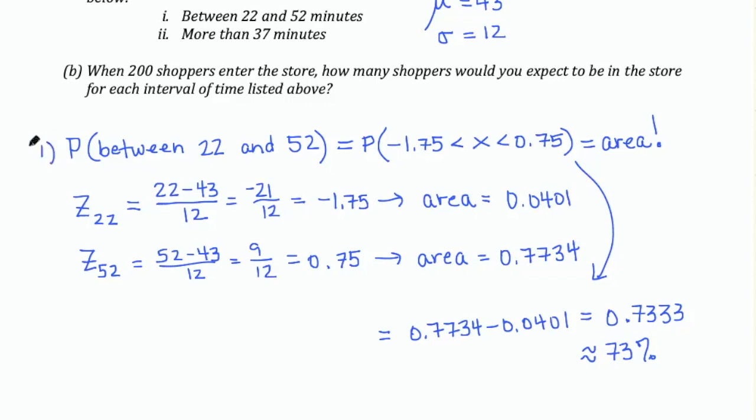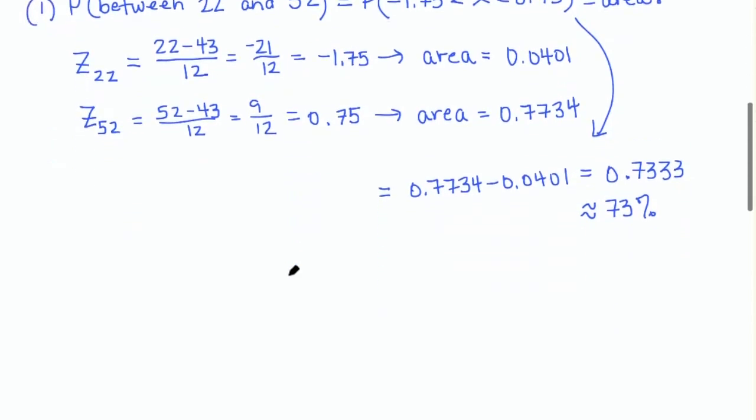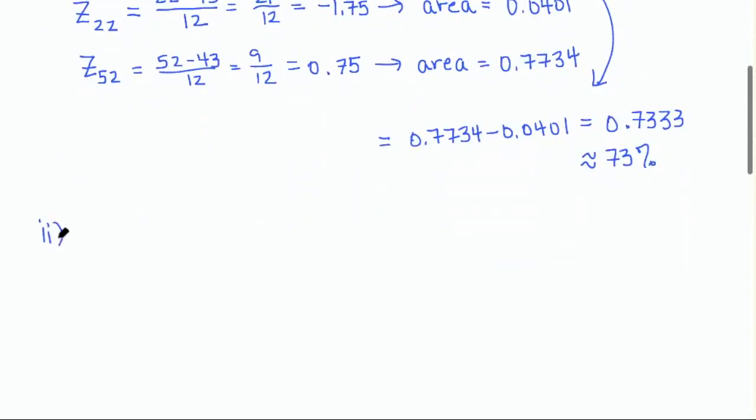Now, there's another example, which is more than 37 minutes. So in everyday English, I'm looking for the probability of x being more than 37 minutes. I need to write an equivalent probability statement using the z-score for that boundary.